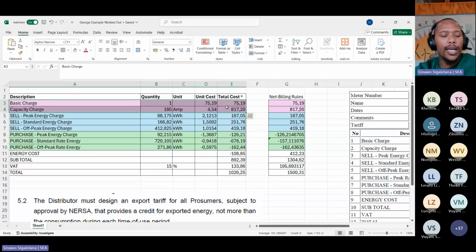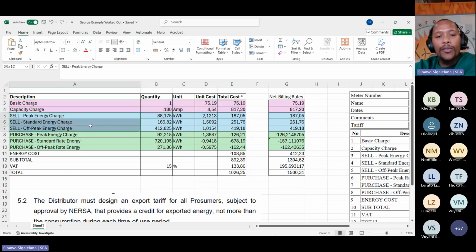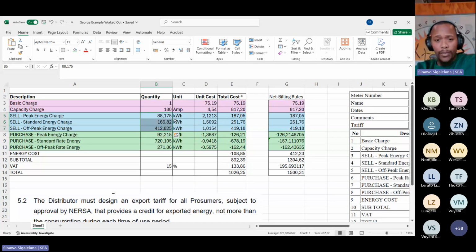These are costs required for sustainability, if you remember Zibu's pie chart. And then this is the time of use energy charge, right? We see that this is how much they are buying per time of use from the utility. And then for each time of use, this is the total cost, right?